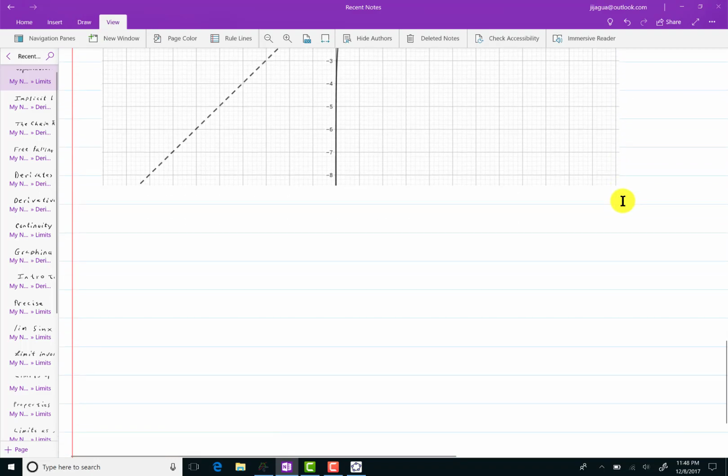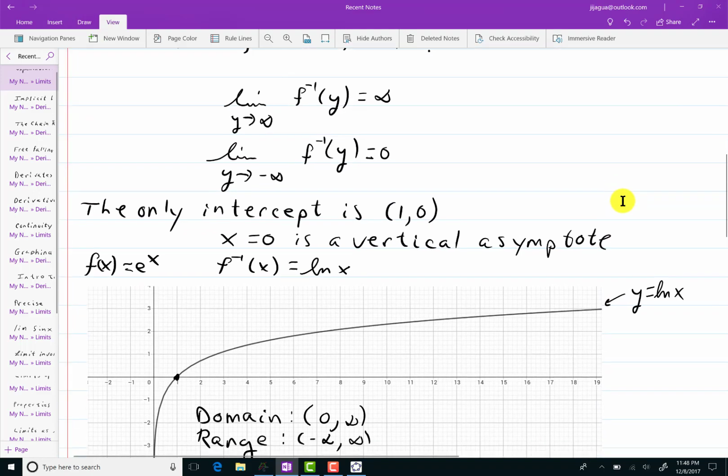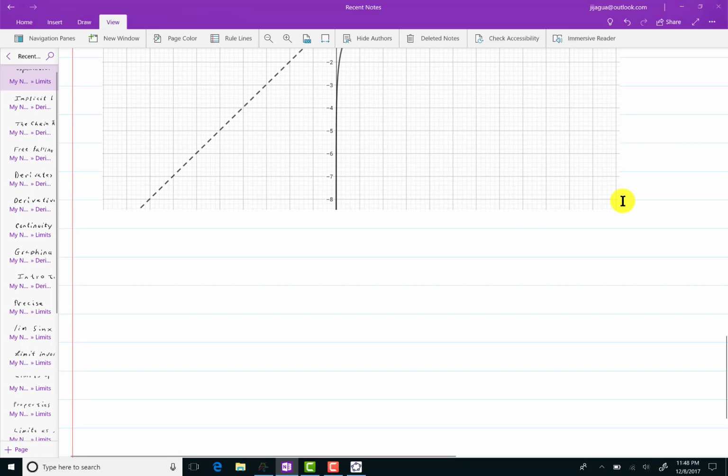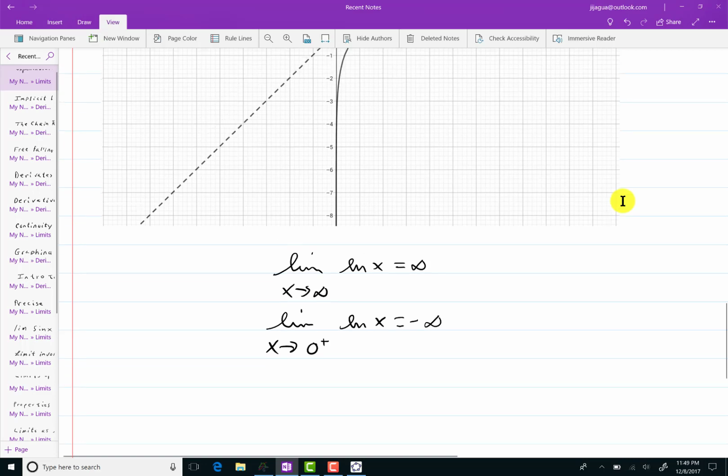Notice both functions do go to infinity as x goes to infinity. It's just that e to the x does it way faster than ln of x does. The best I can do with the limit as x goes to 0 is to do it from the right side, because the logarithm is not defined for numbers that are less than or equal to 0.